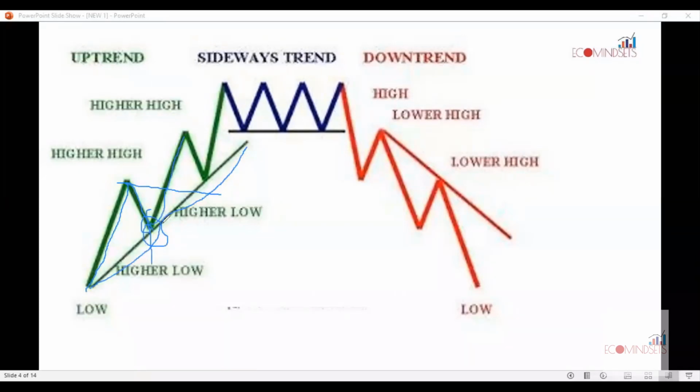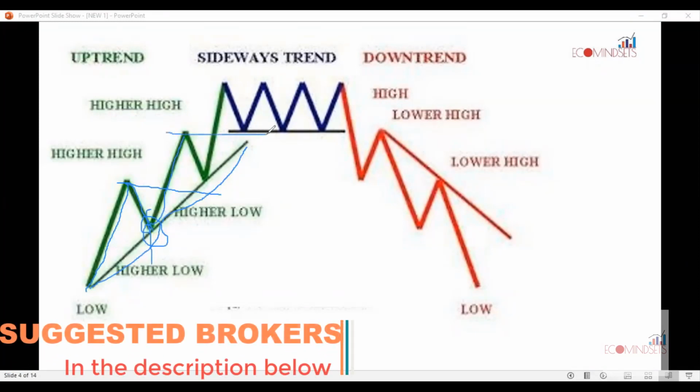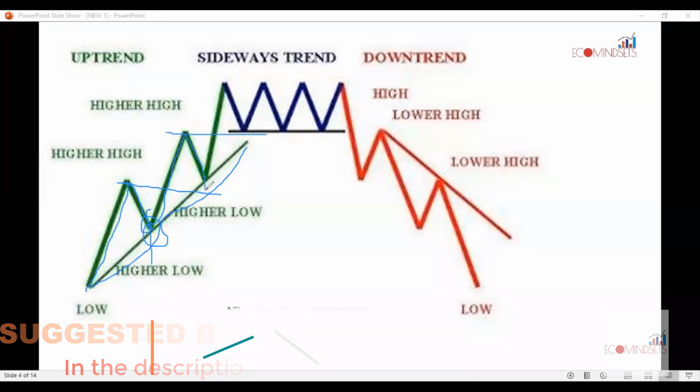It got to another level here and pushed downward, but it couldn't break through this ascending line, and rather pushed up.